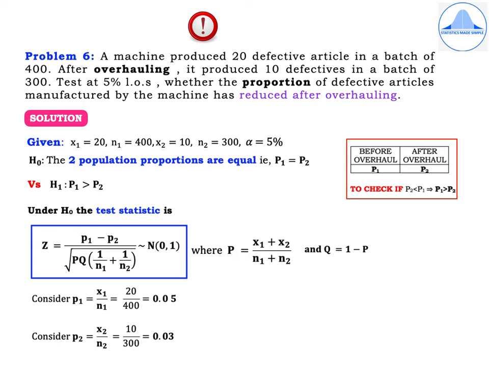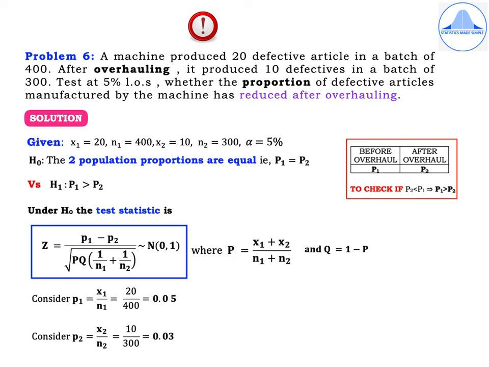Now let's go back to the box highlighted in red to check what the alternative hypothesis is. In the question, they have asked us to test whether the proportion of defective articles manufactured by the machine has reduced after overhauling. So we have to check whether capital P2 is less than capital P1.